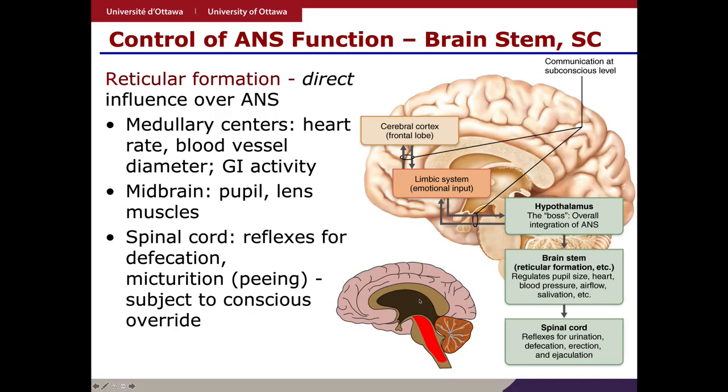For example, certain motor centers in the ventrolateral medulla, cardiac and vasomotor centers, reflexively regulate heart rate and blood vessel diameter. Other medullary regions oversee gastrointestinal activities. Midbrain centers, namely the oculomotor nuclei, control the muscles concerned with pupil diameter and lens focus.